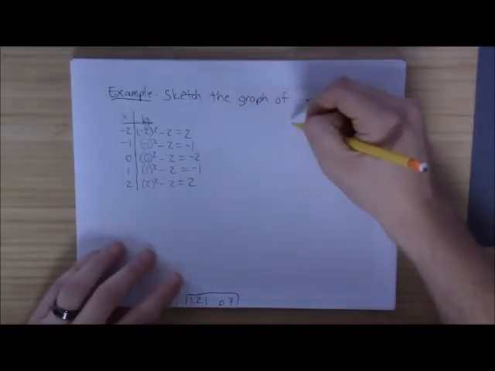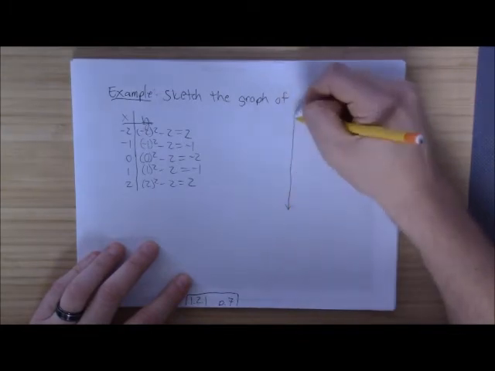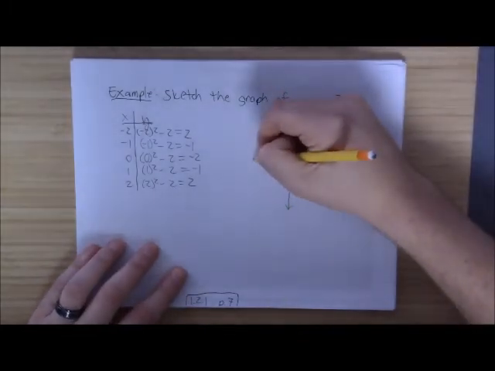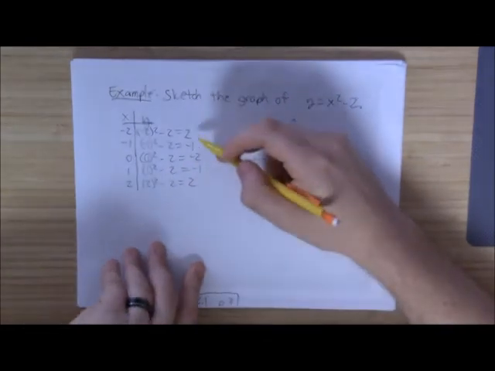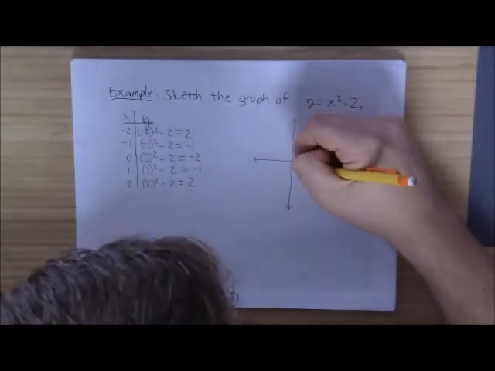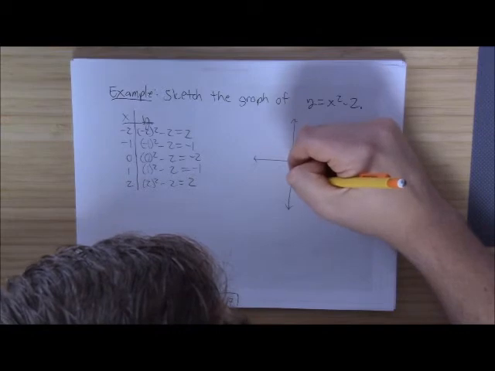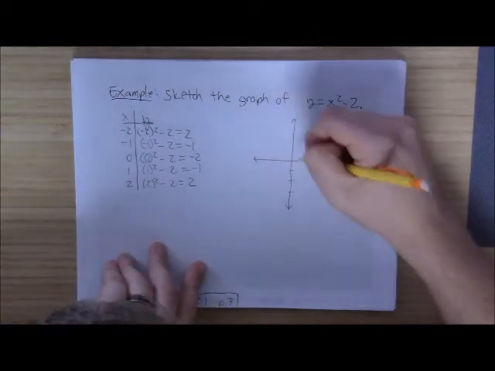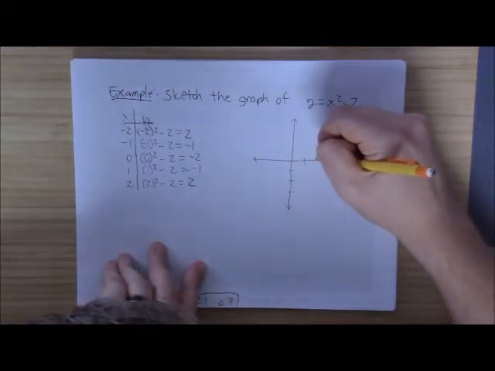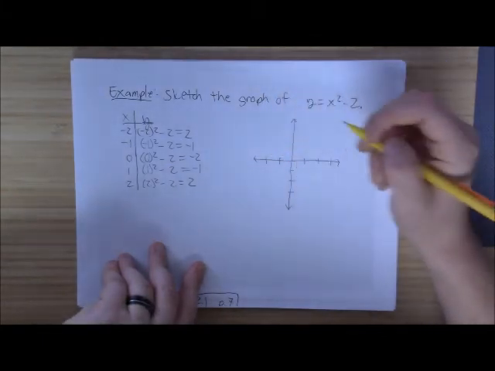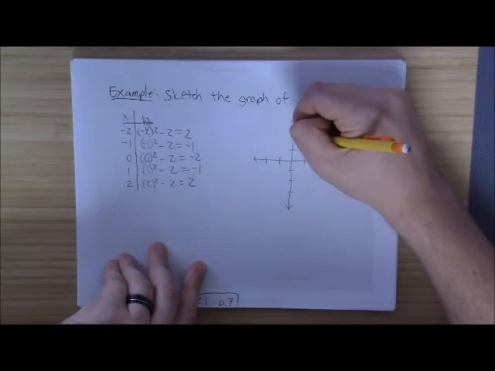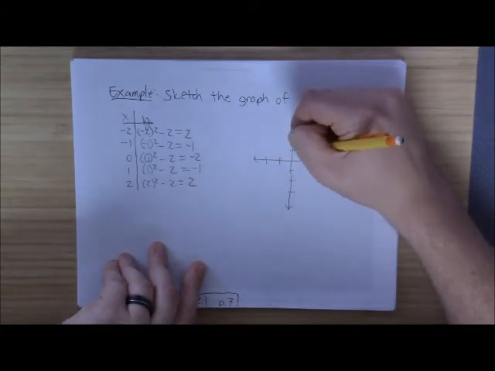Plotting these, let's go through and draw our graph. We go between -1 and 2. Wow, this works out nice. So 1, 2, 3. 1, 2, 3. 1, 2. 1, 2, 3.